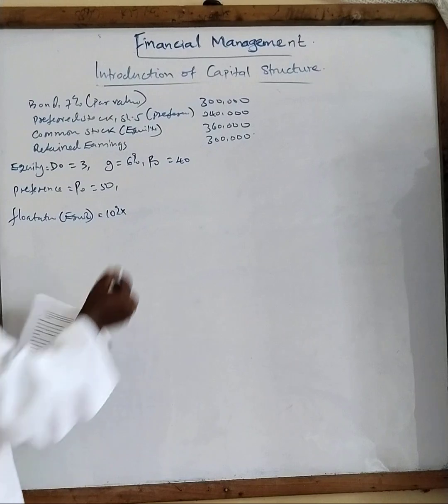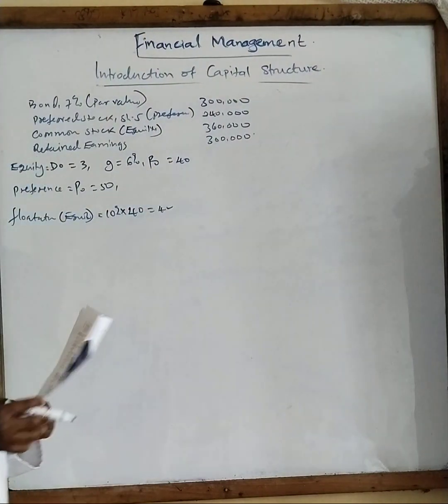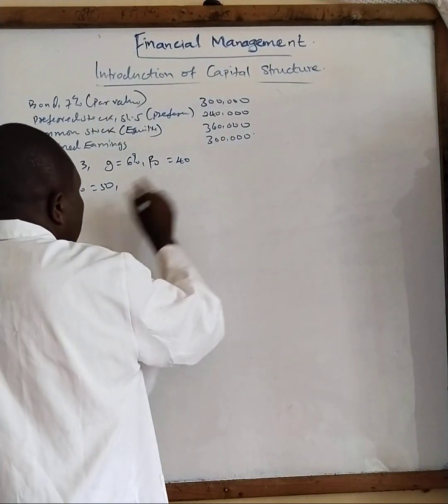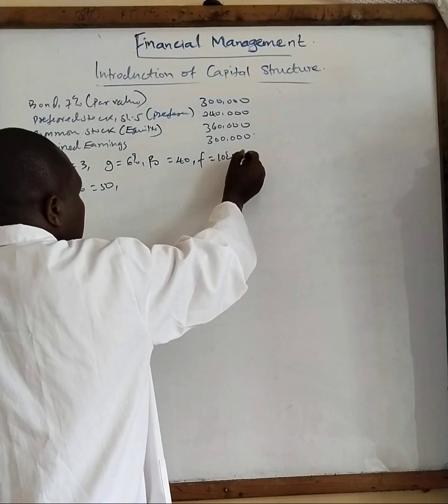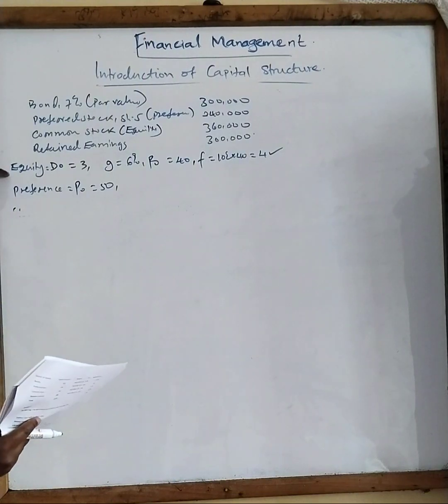Market value, which is this one, 40. Will give you what? 4 shillings. So I have enough information. Now I can remove this because it is about equity, and I put here flotation equals 10% of 40 will give you what? 4 shillings. So I have enough information about equity.